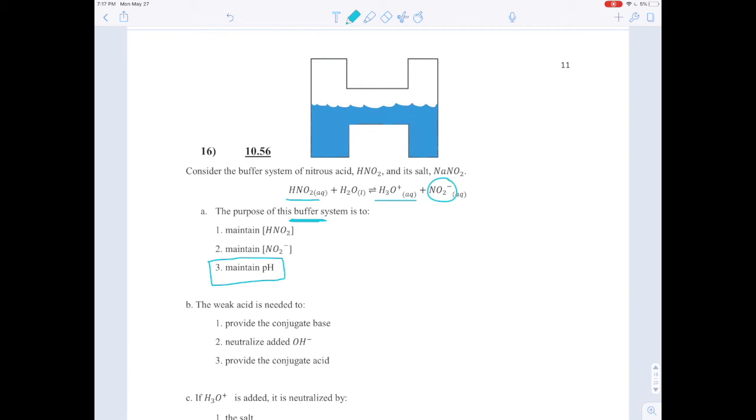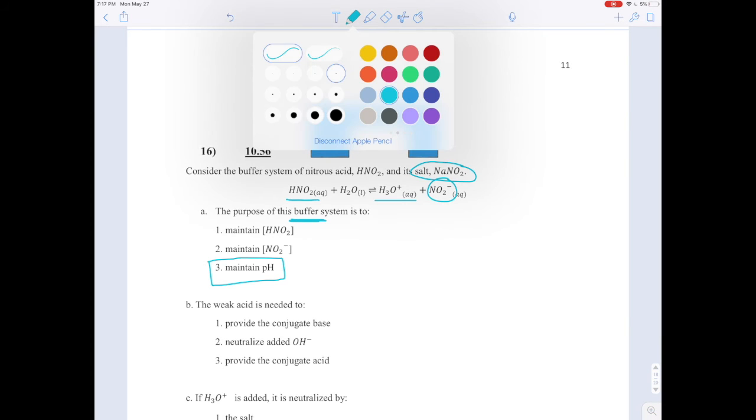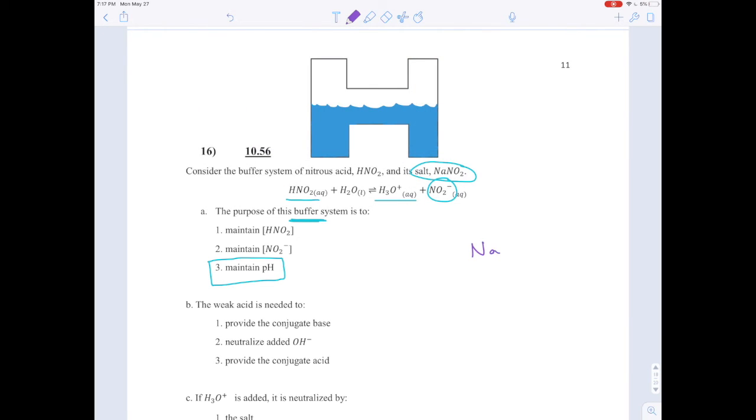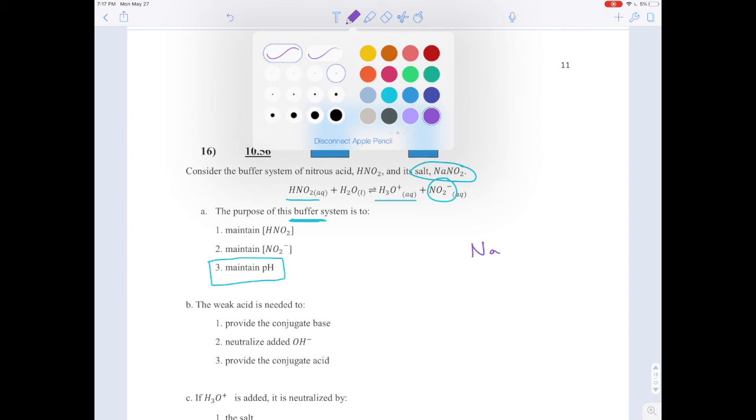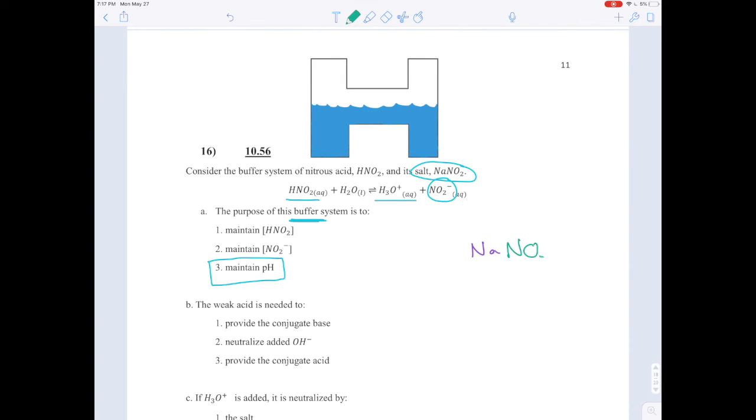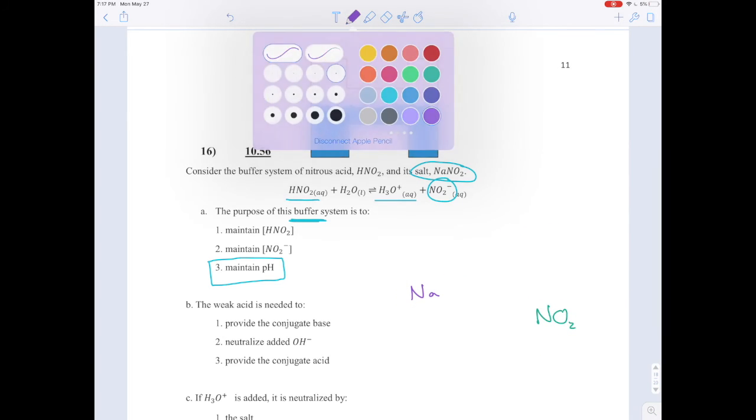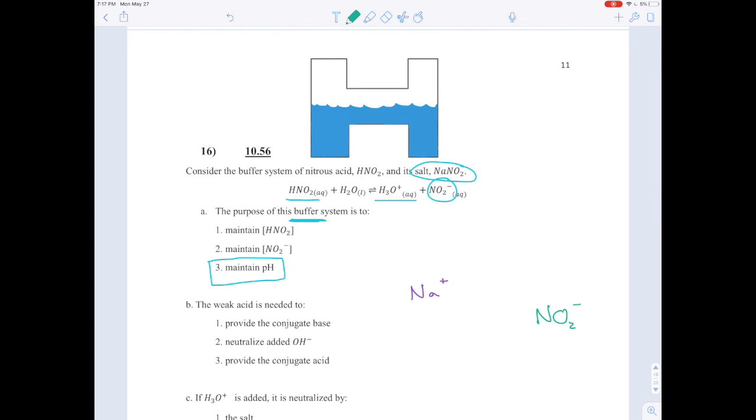As we saw in the last one, the conjugate base is provided by the salt. If you add the Na and the NO2, NO2 is a polyatomic ion, into solution, once they hit water, they go their own way. They each then have a charge, and that produces this NO2- that you see in the problem.